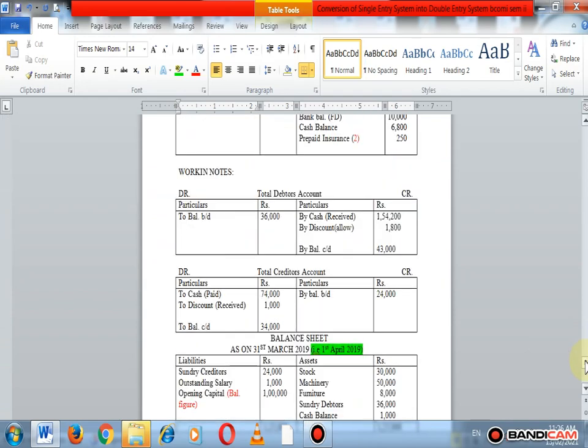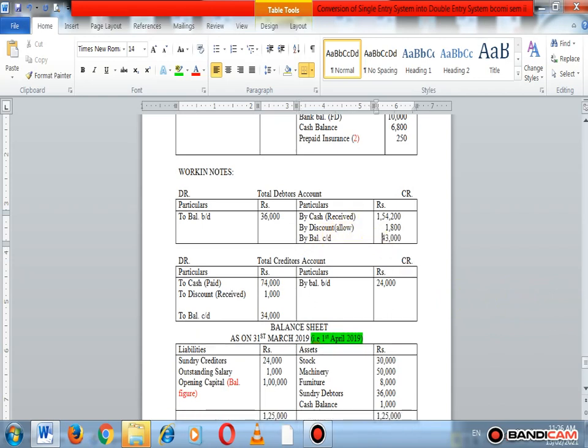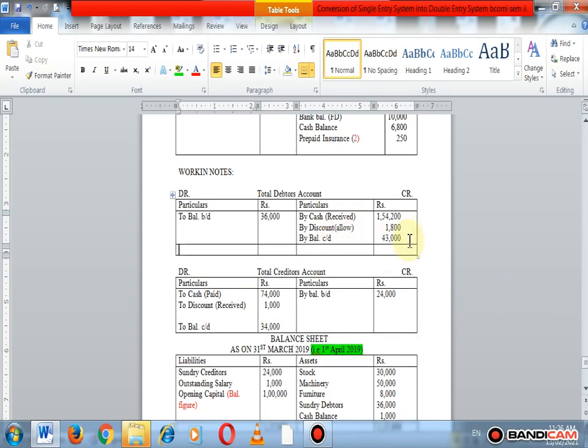Okay, so find out the credit sales, close the debtors account. So total of debtors account is 1,99,000 on credit side.